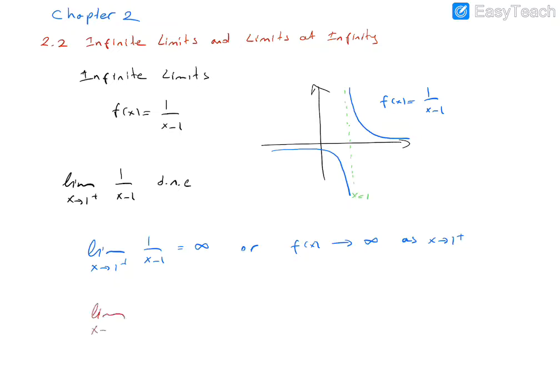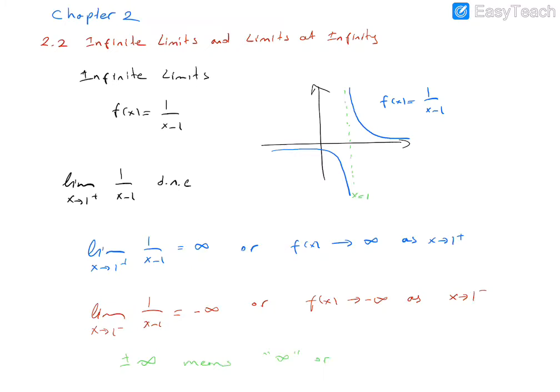So the limit as x goes to 1 from the left side of 1 over x minus 1 equals minus infinity, or f of x goes to minus infinity when x goes to 1 from the left side. We also use this notation, minus and plus infinity.